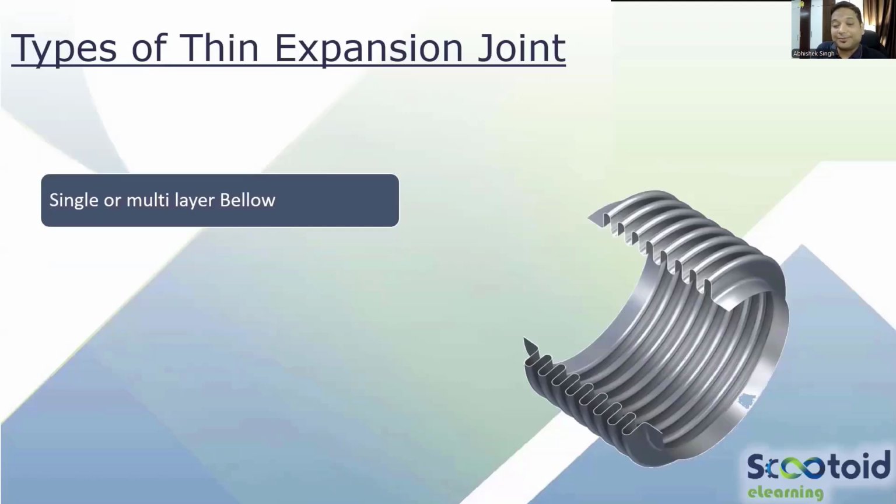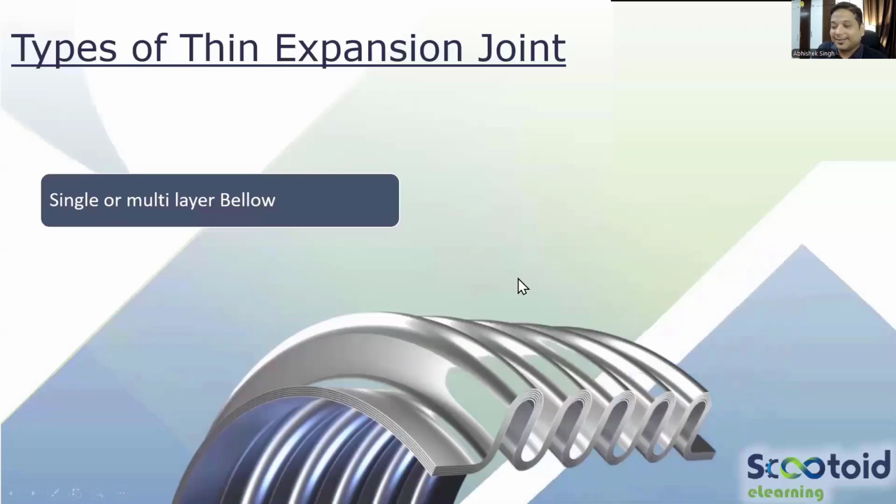So that is also a difference. Single or multi layers can be there. So this is the ply. One sheet is one ply. So either you can have one ply or multiply. So this is multiply, multiple layers.